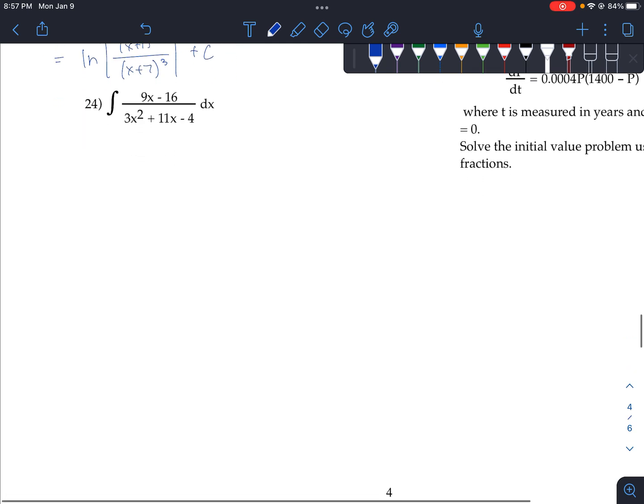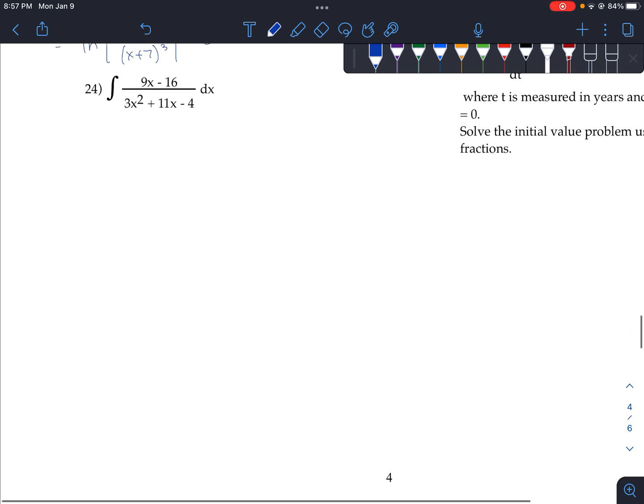Next one also looks like it's a partial fraction. So 9x minus 16 over, looking to factor that. So that would be 3x, we need an x, so that would have to be plus 4 minus 1.